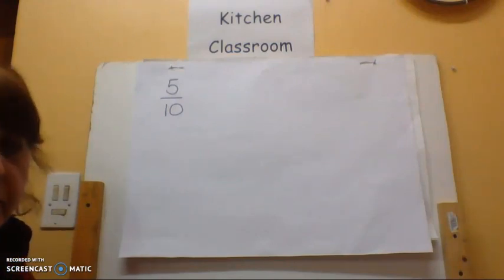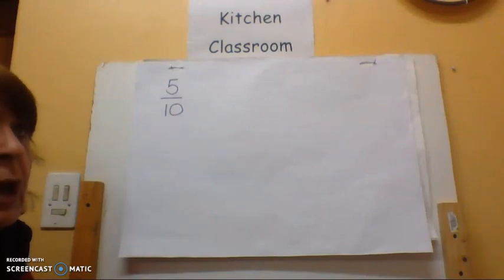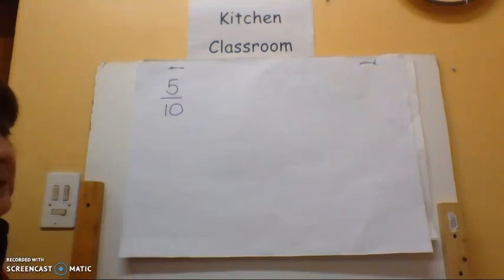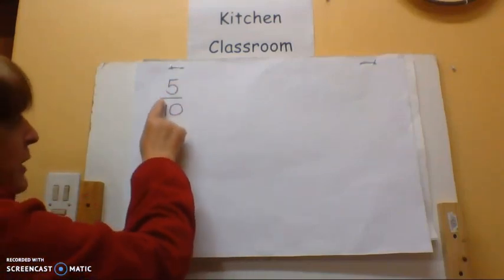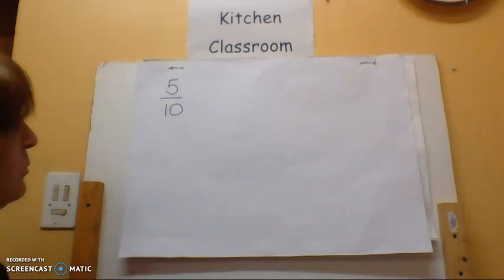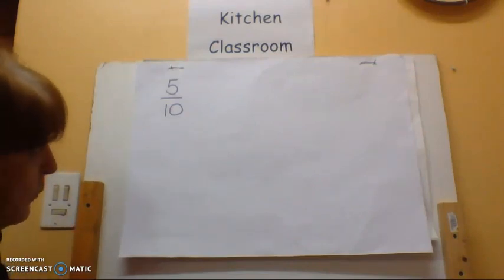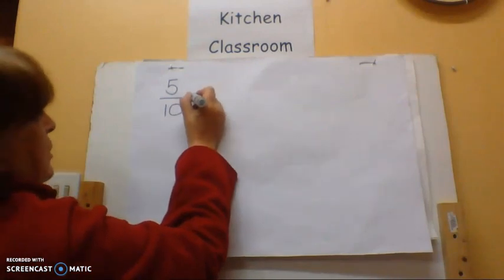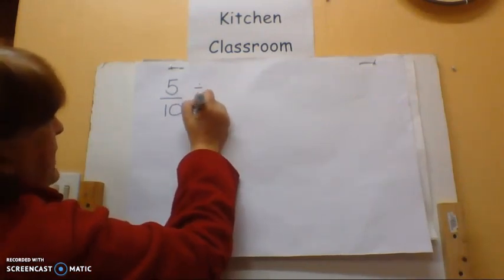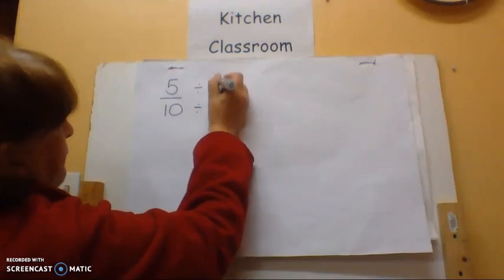So, if we look at the note that I sent you, it says that to reduce a fraction to its simplest form, you must ask yourself, what is the biggest number which will divide equally into both the numerator and the denominator? And with 5/10, we can divide both the numerator and the denominator by 5.